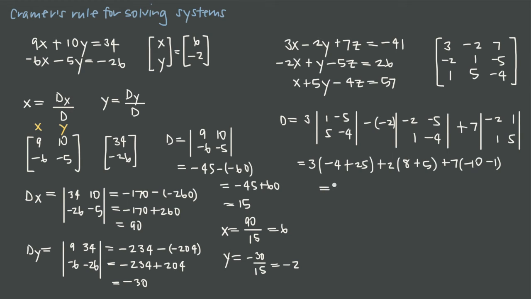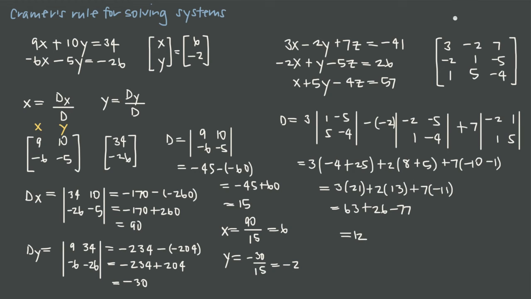And the result there is going to be 3 times 21 plus 2 times 13 plus 7 times -11, or 63 plus 26 minus 77, and that's going to give us 12.